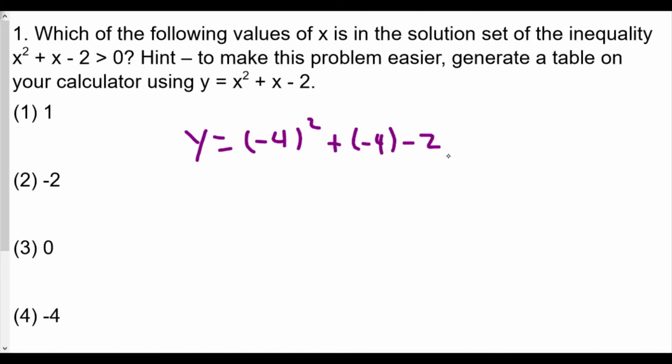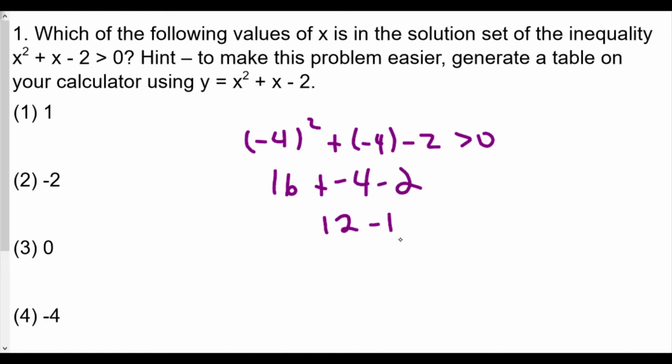Let's see, does this end up being greater than 0? We have 16 plus -4 minus 2, that gives us 12 minus 2, which gives us the value of 10, which is greater than 0. So -4 is the correct answer for this question.